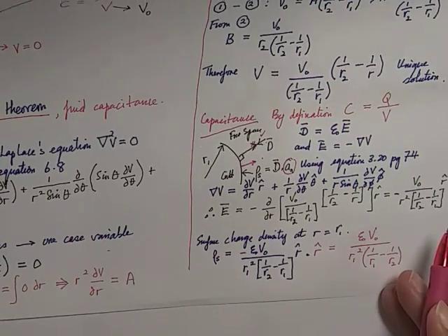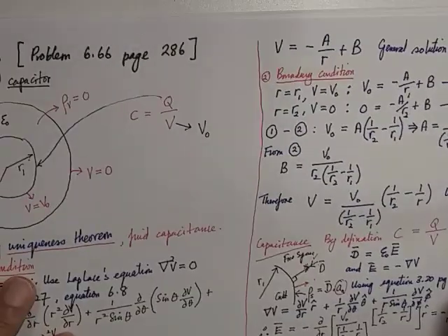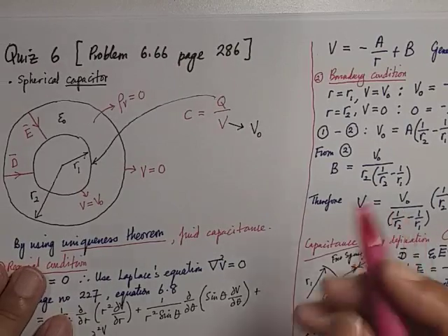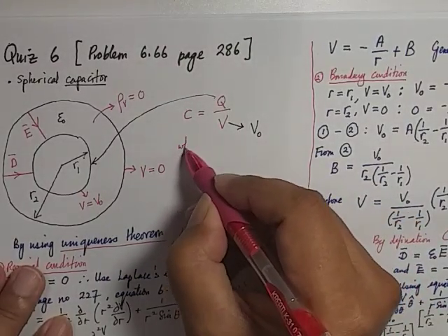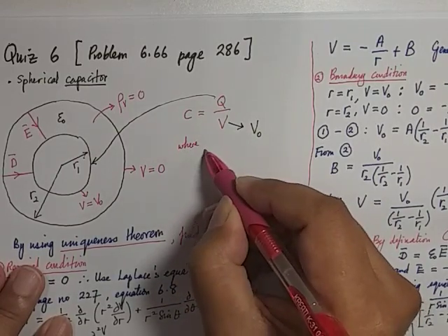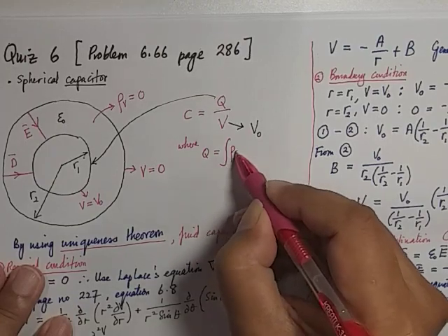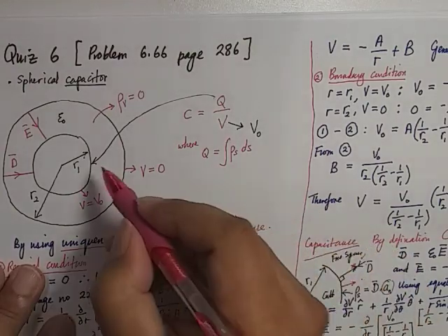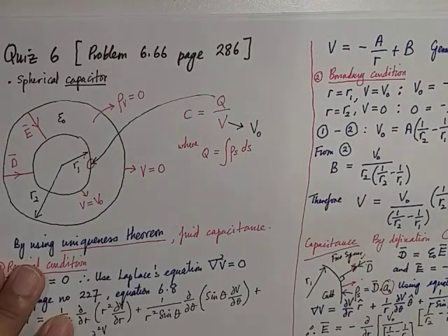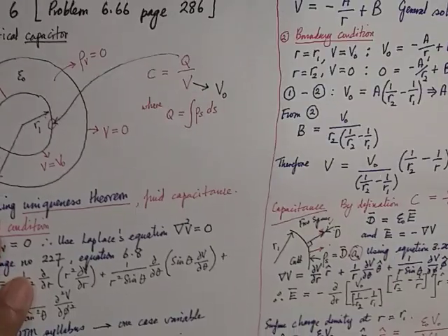But we want to determine the Q. So now we have to go back to this location. Q is going to be the integration of rho S dS, correct? Remember, this refers to these locations. The rho S is taken from the rho S value earlier, which is here.